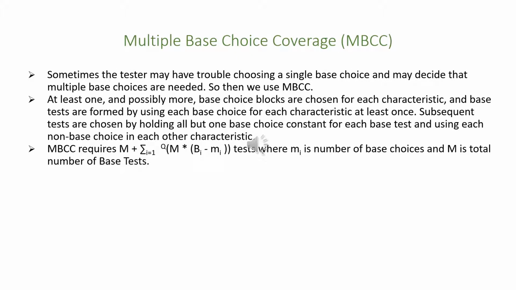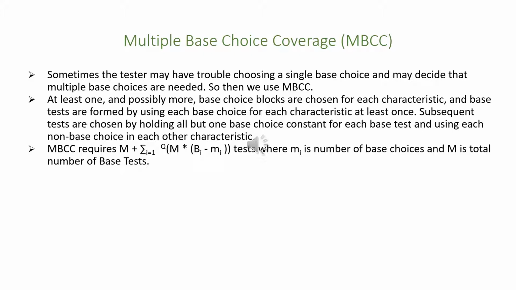Multiple base choice coverage. This is an extension to base choice coverage. Sometimes the testers may have trouble choosing a single base choice and may decide that multiple base choices are needed. So then we use multiple base choice coverage. At least one and possibly more base choice blocks are chosen for each characteristic, and base tests are performed by using each base choice for each characteristic at least once.